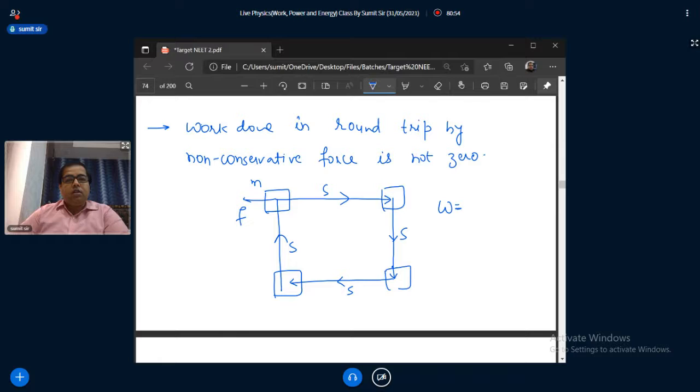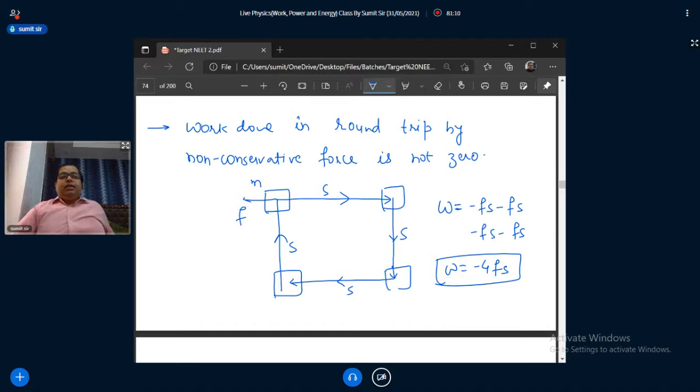So this is minus Fs, minus Fs, minus Fs, minus Fs. So the work done is minus 4 Fs. Are you getting this? That means, in a round trip, the work done is not zero.